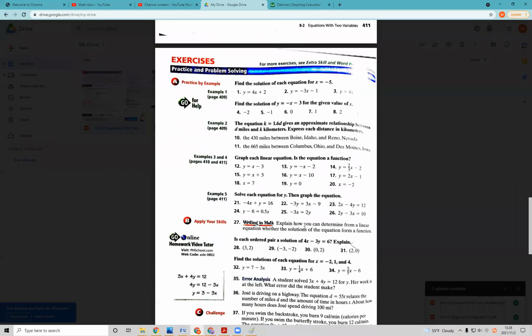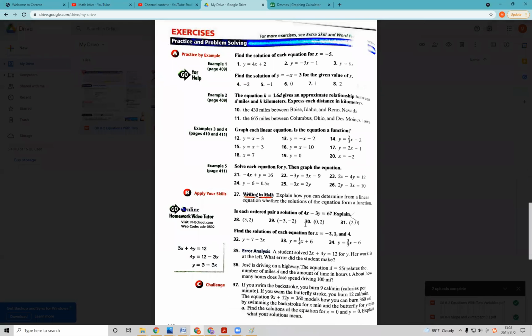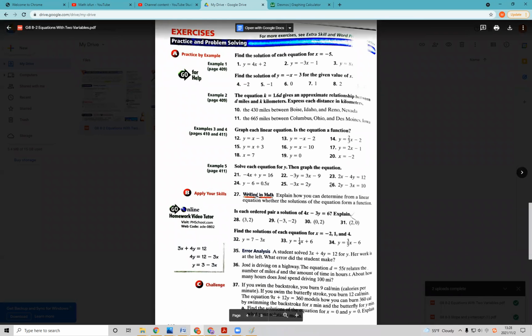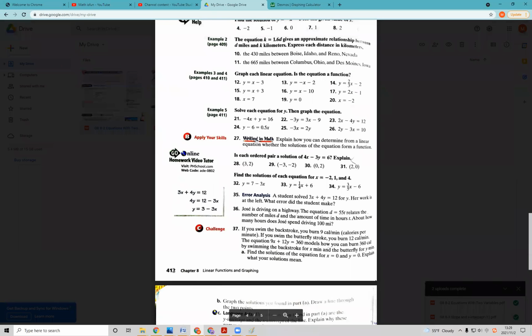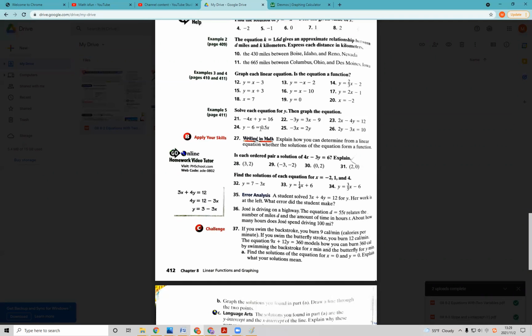Or if you want to practice more, this is actually example 5. So you go down to the next page, example 5 right here. On page 412, you can practice numbers 21, 22, 23, 24, 25, 26 to see if you can manage to solve the equations for y, in other words, leaving y alone on one side.